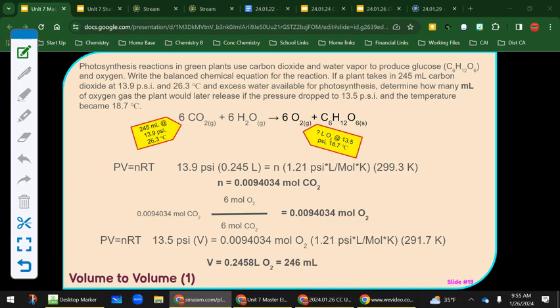Because that's the case, it just gave us the answer in the question. Now figure out how many moles of oxygen you created.